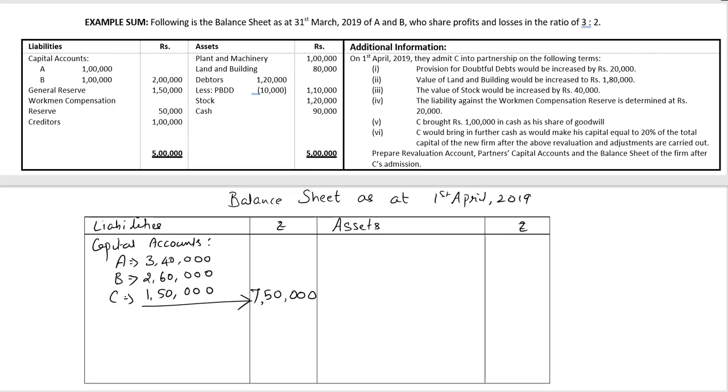Next item, general reserve, that's been distributed. It will not appear in the reconstituted balance sheet. The next item, workman compensation reserve, that's been replaced by the claim of rupees 20,000. So we have workman compensation claim 20,000. Final item, creditors. No change in value, 1 lakh rupees.